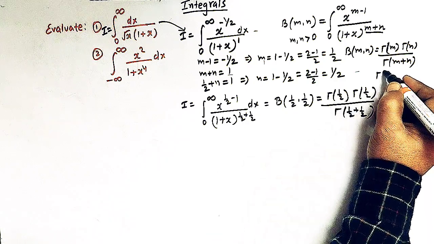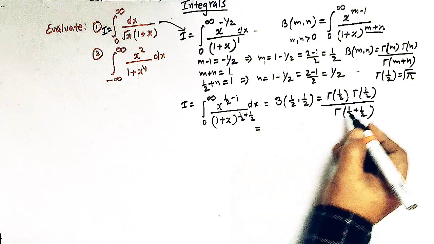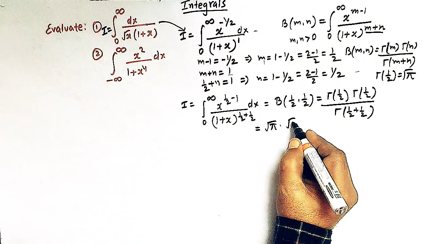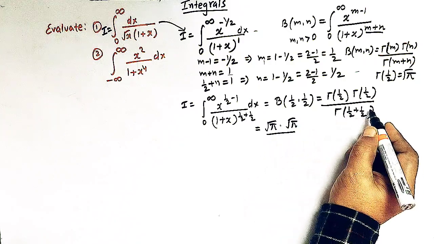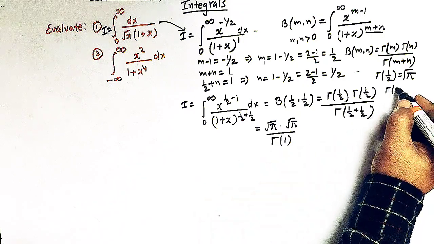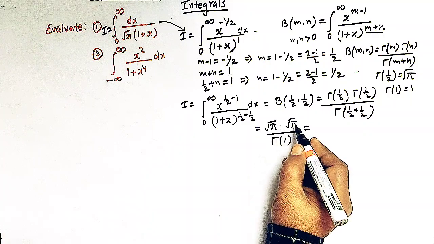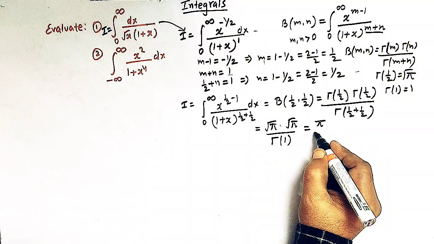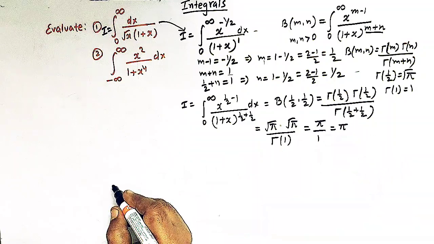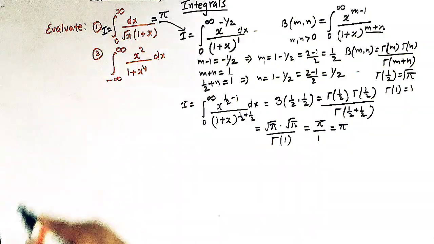Now gamma half is equal to square root of pi, so we have square root of pi, here also we have square root of pi, and in the denominator we have gamma 1, and gamma 1 is equal to 1, right? So root pi times root pi is simply pi, and gamma 1 is 1, so we have pi, right? So the value of this integral is equal to pi.